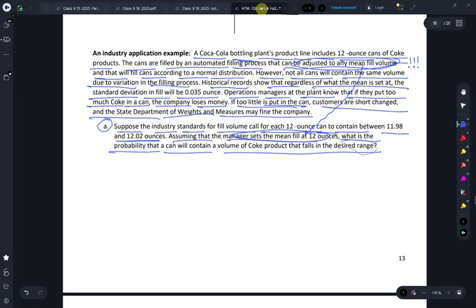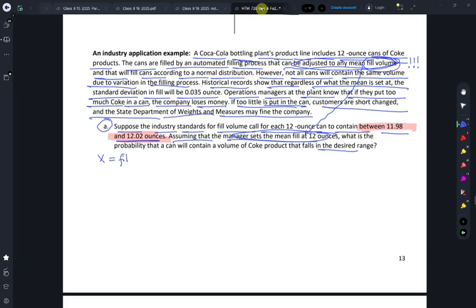Well, the desired range is between 11.98 and 12.02 ounces according to industry standard. So in this case, our X is the fill volume for each 12-ounce can of Coke product, and it will vary.